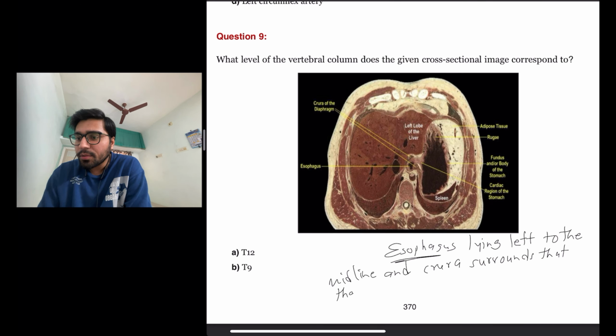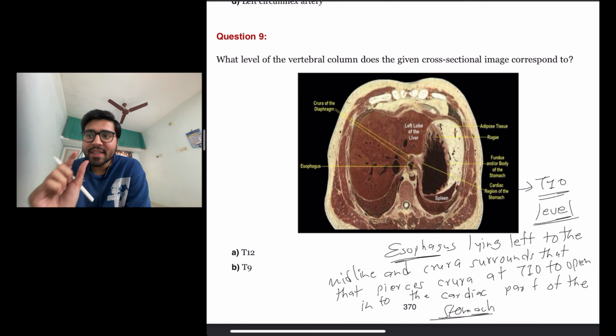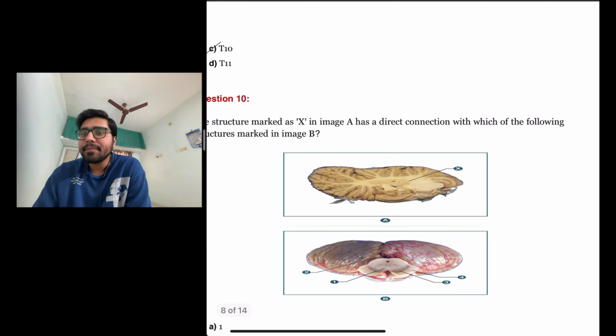That pierces crura at T10 to open into the cardiac part of the stomach. This is the section taken at T10 level because the esophagus is opening slightly leftward to the midline. So the answer here is C, T10.